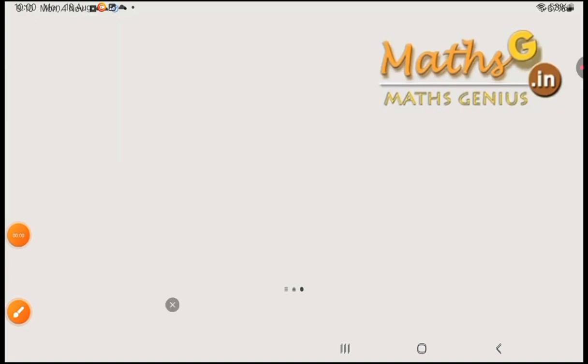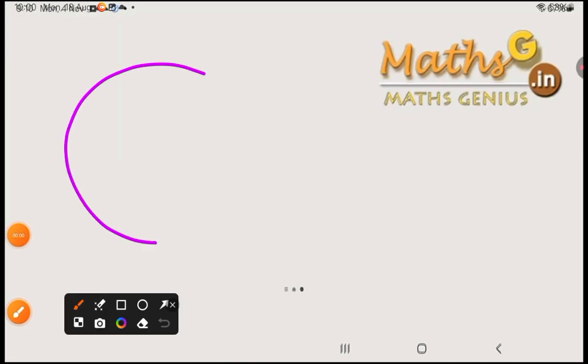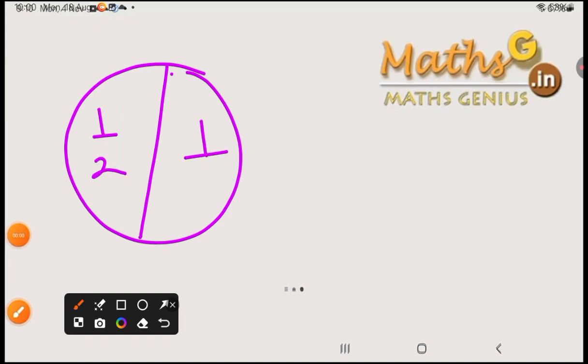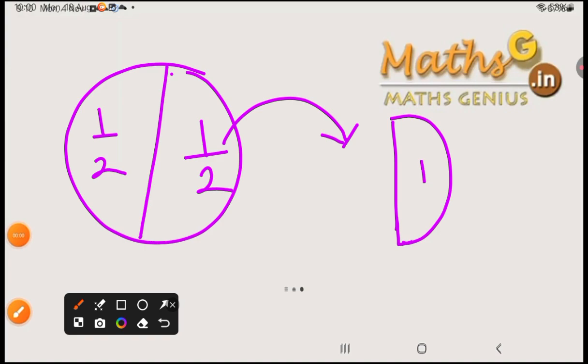So what I can do is draw a cake and cut it into two parts. This is half of the cake, this is half of the cake. Now if I take only one part of the whole cake, let's say this, so this is a fraction.